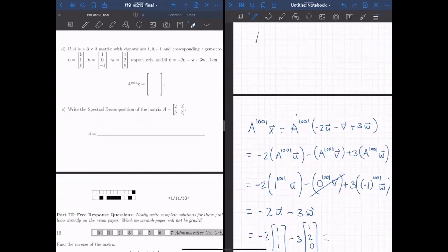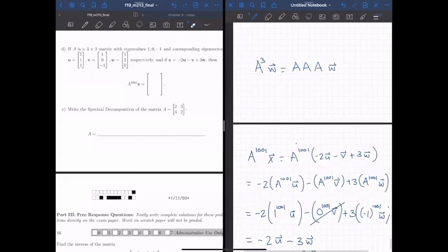So let's do something more reasonable. A to the power of 3 times, let's do the W vector they gave us, okay? So let's do A to the power of 3. Well, this is just the same thing as A times A times A times W, okay? Now, remember, W is an eigenvector.